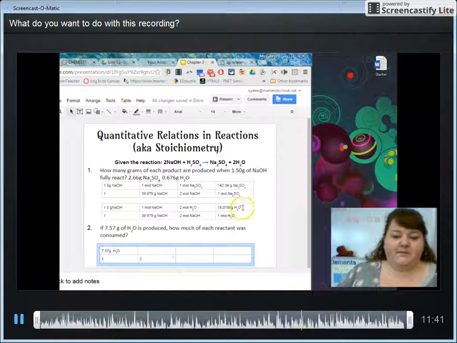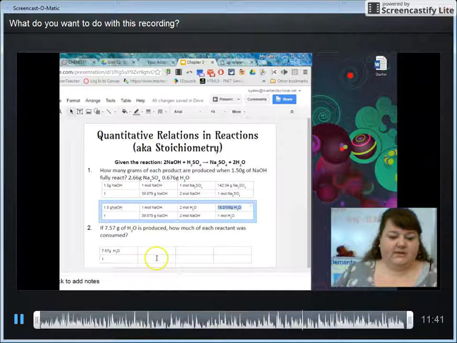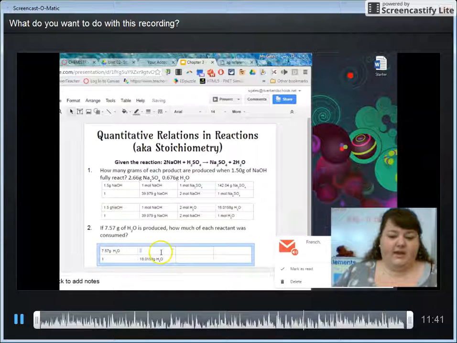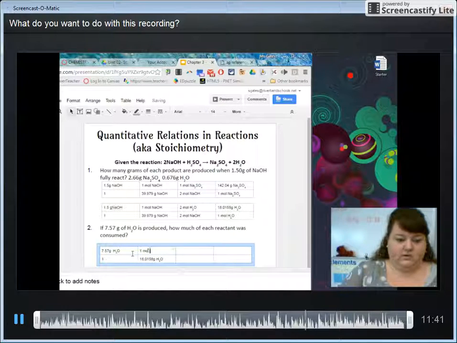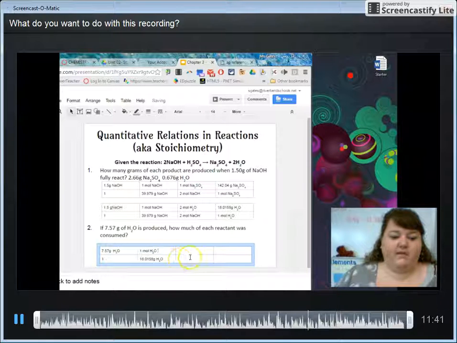And I know my molar mass for water, I found it up above, so I'm just going to copy that down. And then we have our 1 mole of H2O. And now we use our coefficients. So let's go from water to sodium hydroxide.